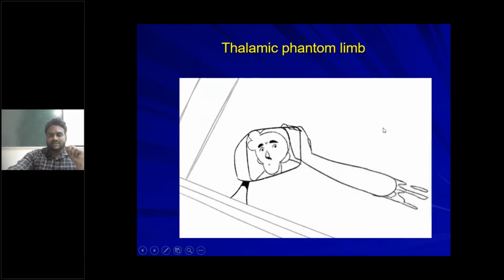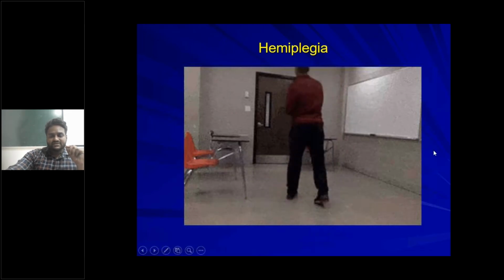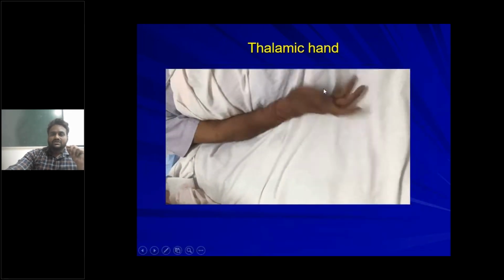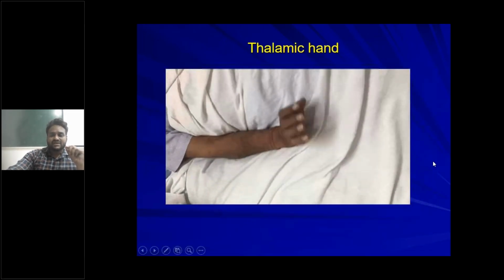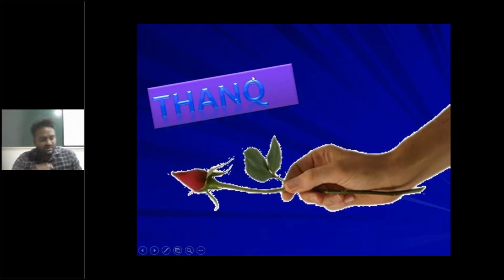That is the condition thalamic phantom limb. And half of the body is paralyzed, this condition is hemiplegia. Then this condition is the thalamic hand. So this is about the thalamus. Out of all these things, this is very, very important in physiology. As per anatomical concern, we ask the divisions of nuclei of thalamus, Papez circuit, and thalamic syndrome.